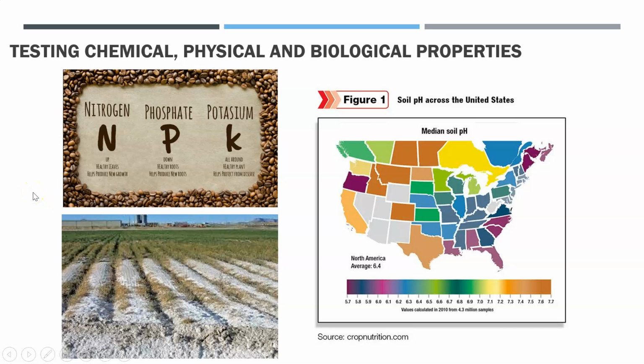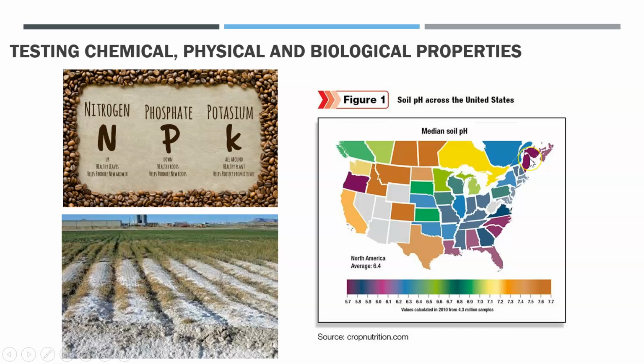So there's a couple different tests that we run. We test for pH, and soil pH, again, is related to the climate. So where we are, we tend to have soils that range more in this slightly acidic range here.